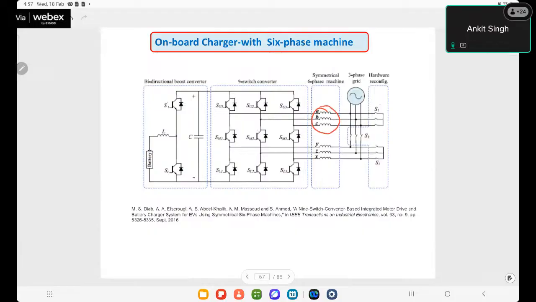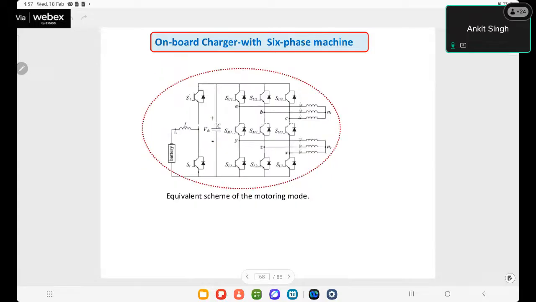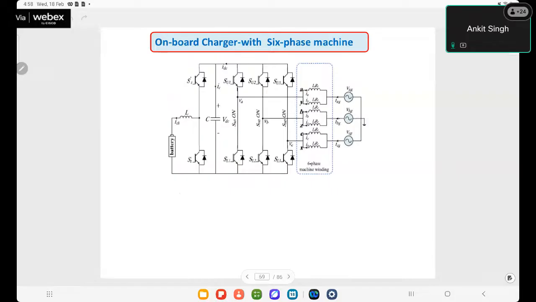During charging, this switch S1 will be open. The grid is connected to the switches, and during charging these switches will be turned on permanently. We can see the equivalent diagram here.